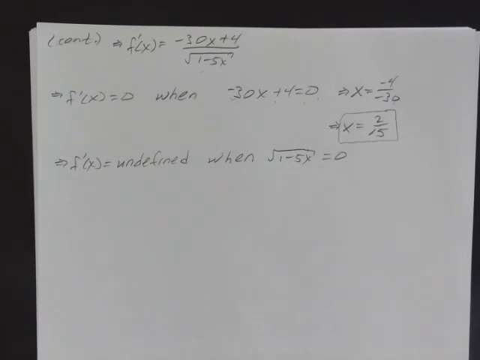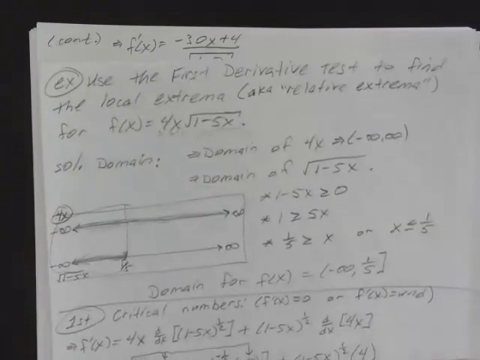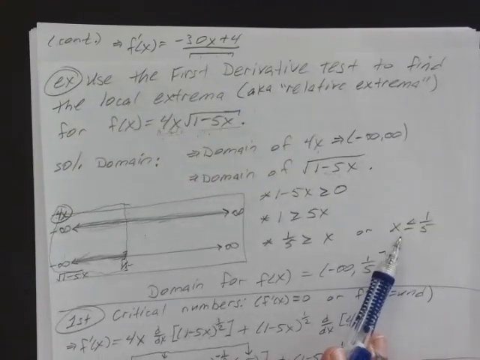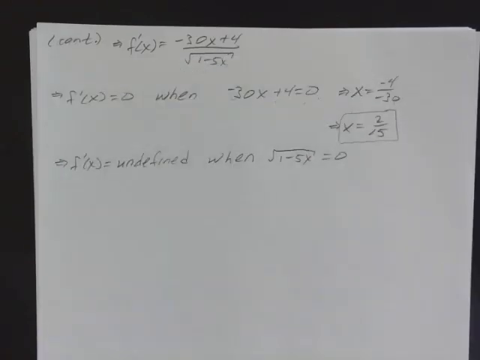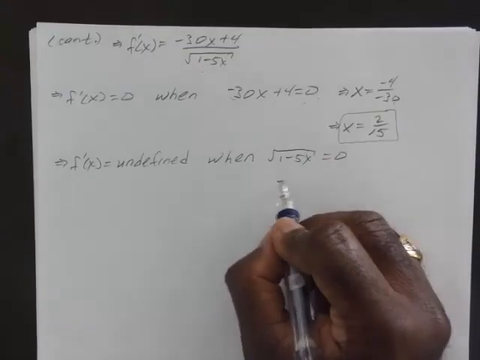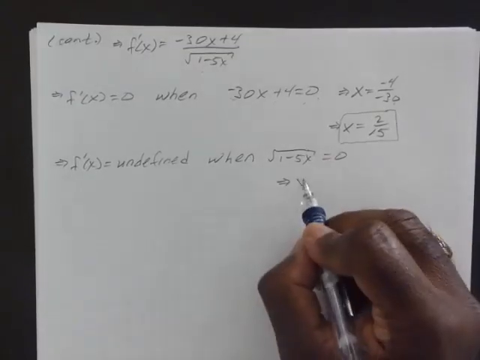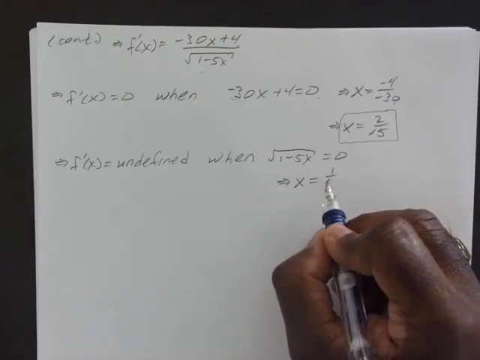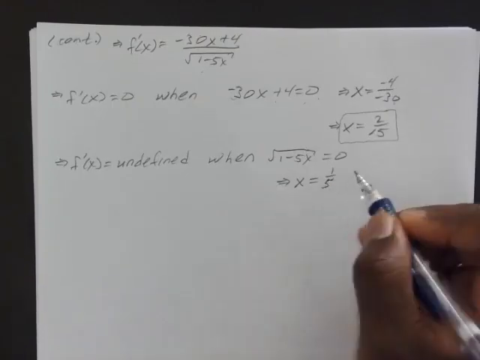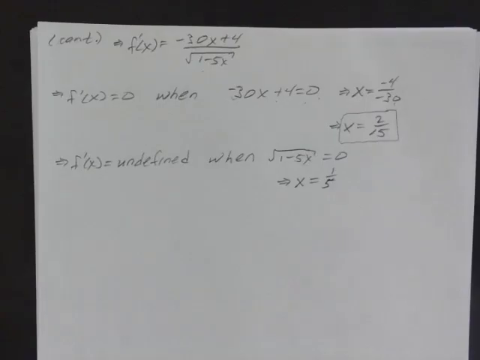And with that one, we figured that out earlier. Which means that it's undefined when x is equal to 1/5.